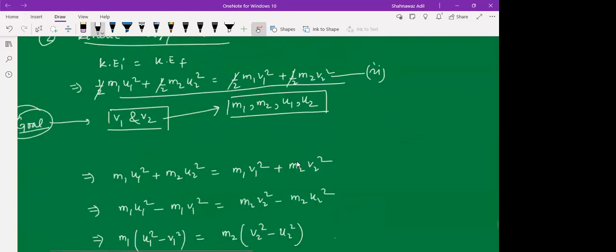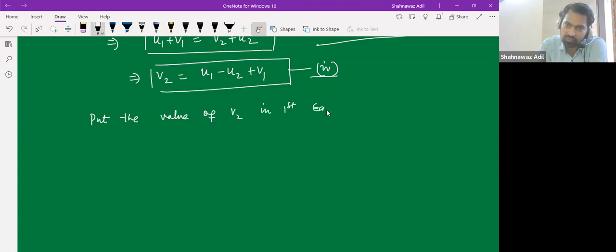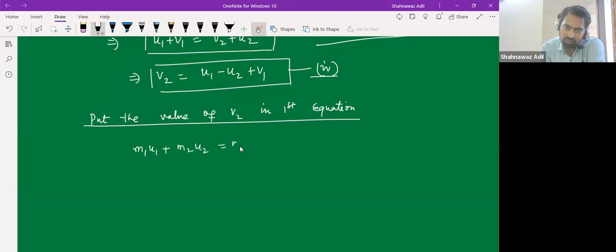The first equation was m1 u1 plus m2 u2 equals m1 v1 plus m2 v2.